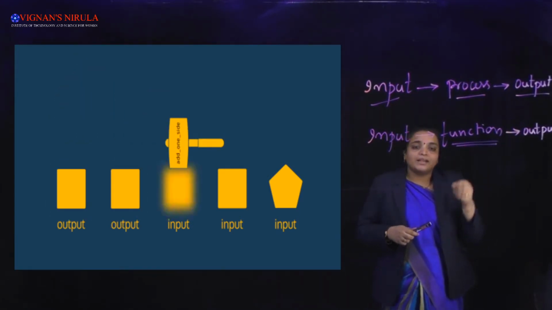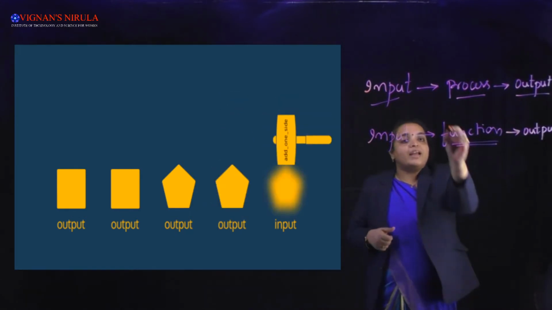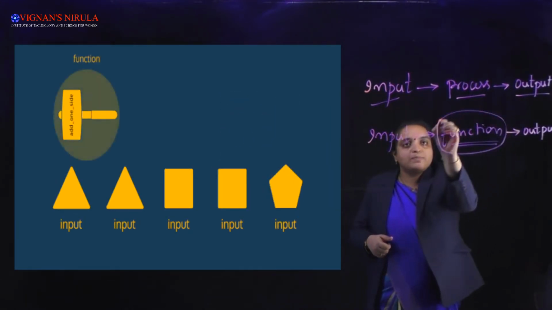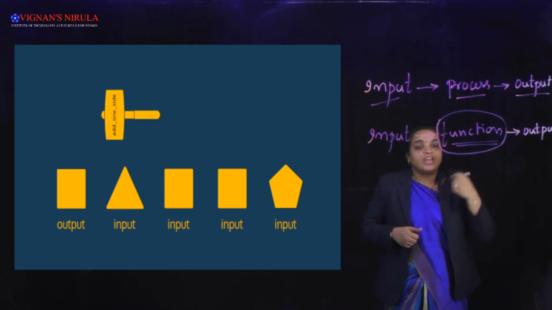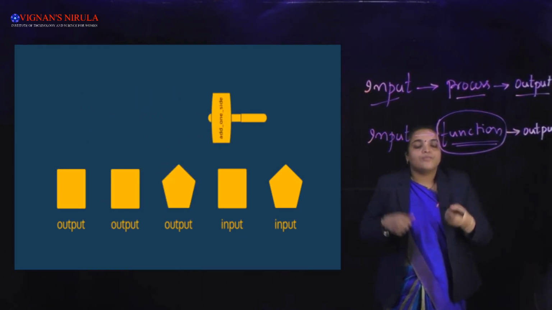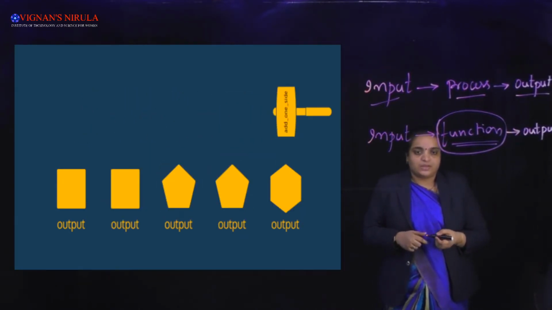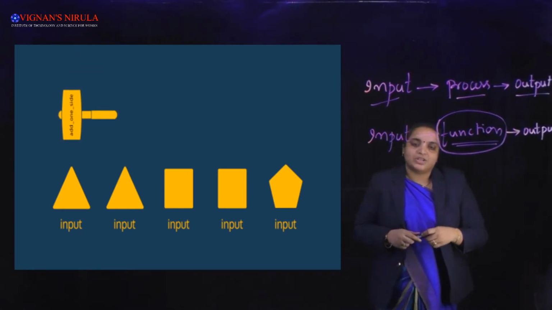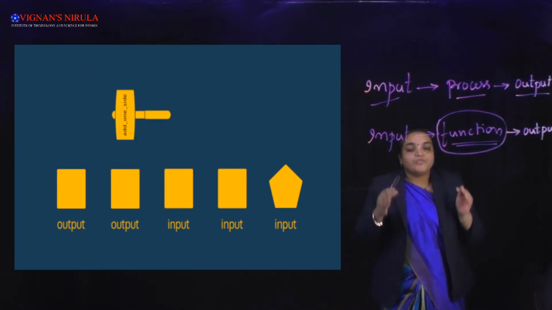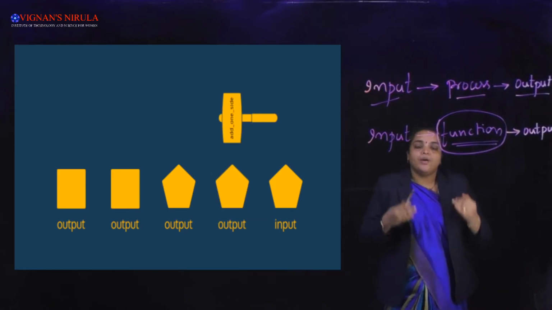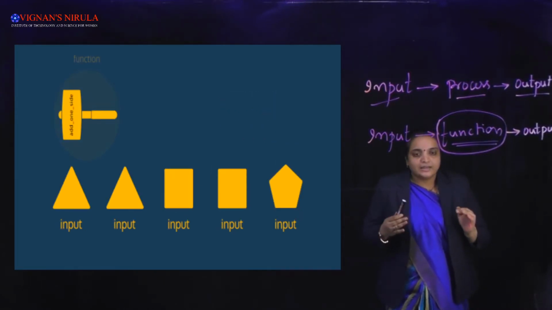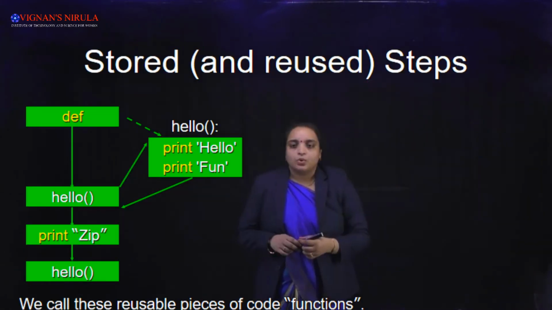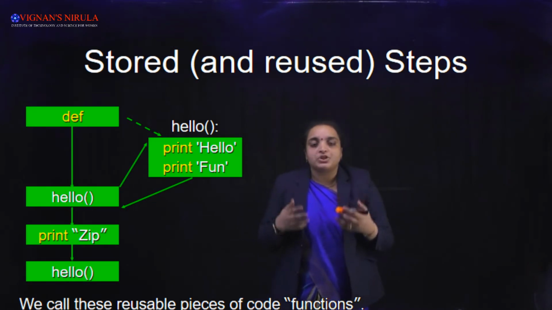If you write the code once in the function, whenever we need this piece of code in the program, we use it whenever it is necessary. So what is a function? A function is a block of code which is reusable in your program. Is that clear? Next, let us see how a function looks.